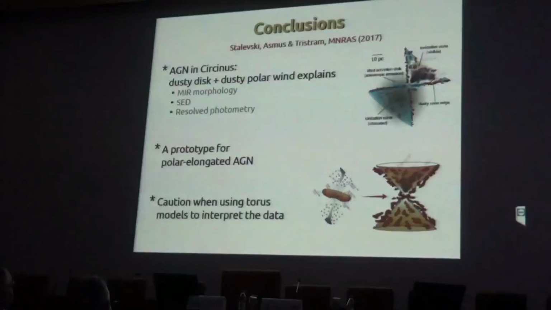And having in mind that it seems that a major fraction of the sources we can resolve show this kind of emission in the polar direction, this calls for caution when using the standard torus models to interpret the data, and some of this work might need to be revisited.